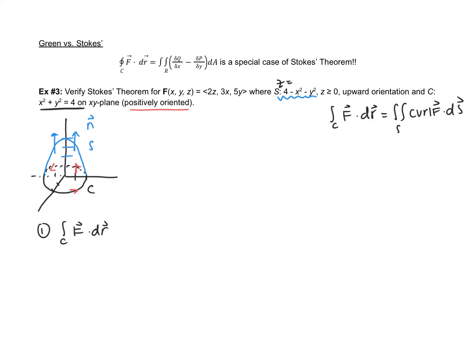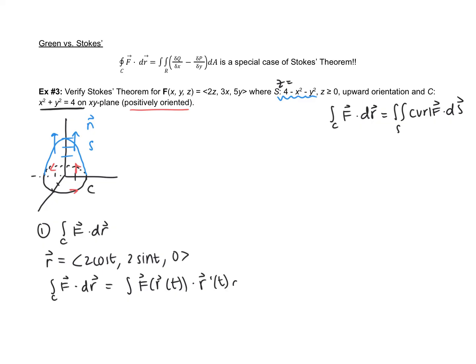So what we are going to do is parameterize that curve. That can be written as 2 cosine of t, comma, 2 sine of t, comma, 0. So then that line integral can be written as the integral of f of r of t dotted with r prime of t dt.